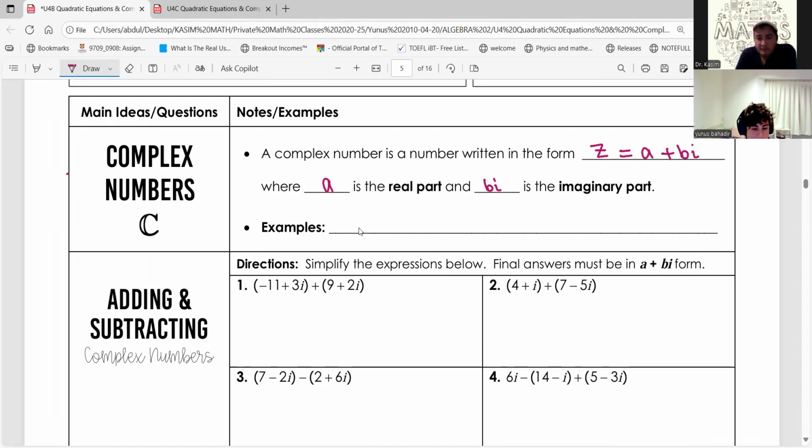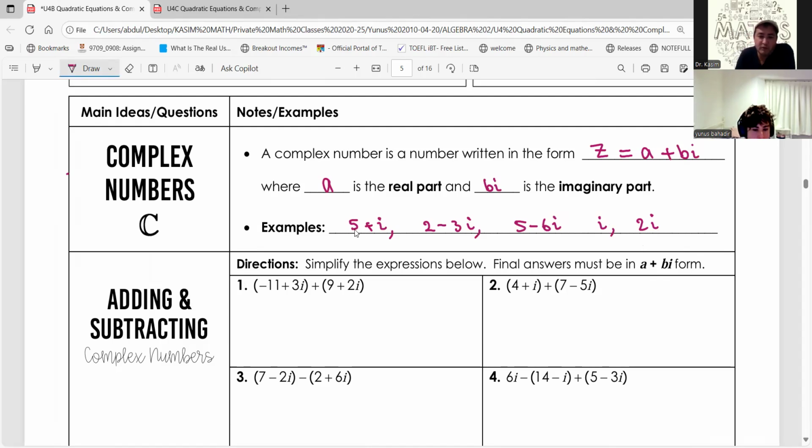So example, what is an example? Let's say 5 plus i, 2 minus 3i, or 5 minus 6i, right? Or just i, or 2i. These are examples of complex numbers.